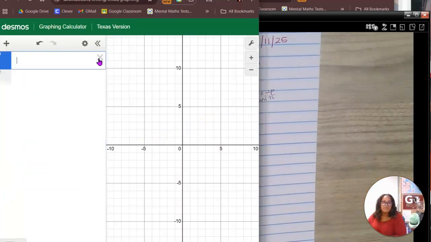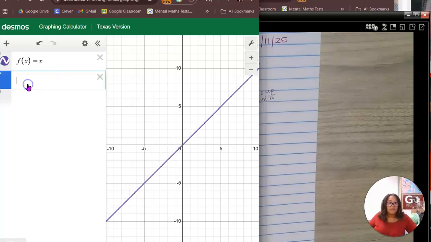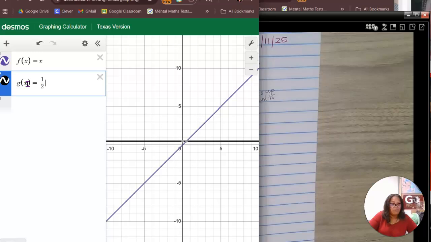And if I look at the visuals, I can do f of x equals x, and I can also say g of x equals 1/2 f of x plus 3.